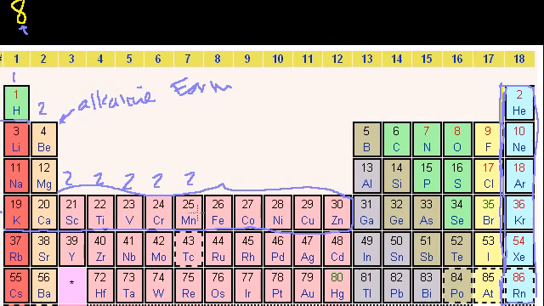And these elements, they're just backfilling their 3d subshell. So these all have 2 outermost electrons. So all of these, like the alkaline earth metals, they need to lose 2 electrons in order to, quote unquote, be happy.